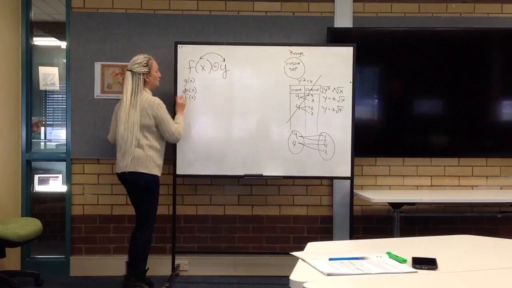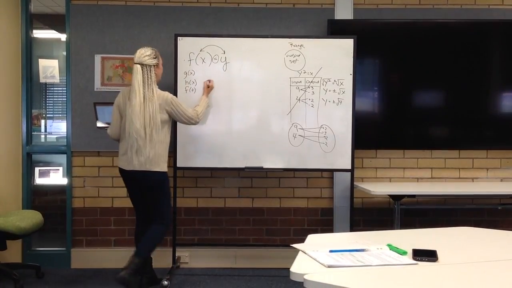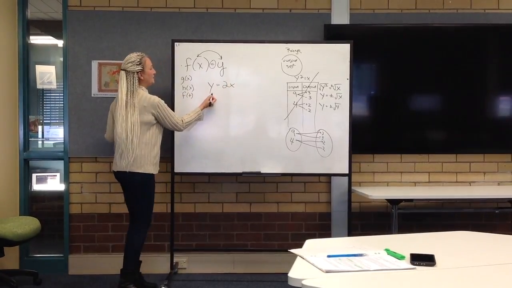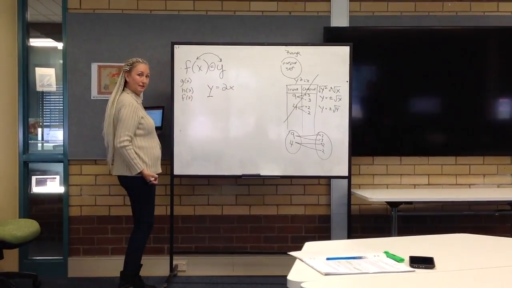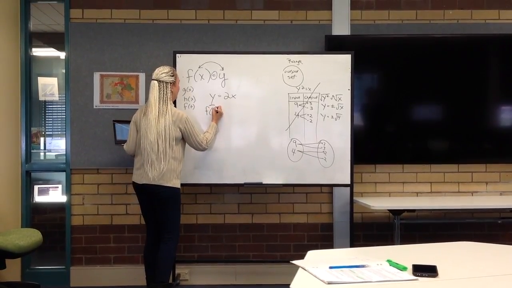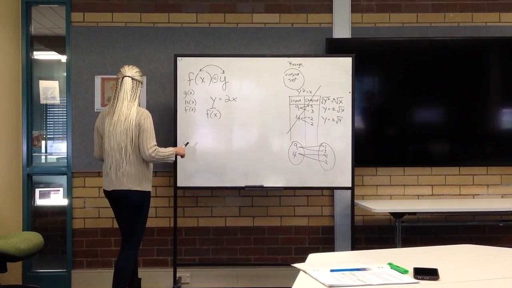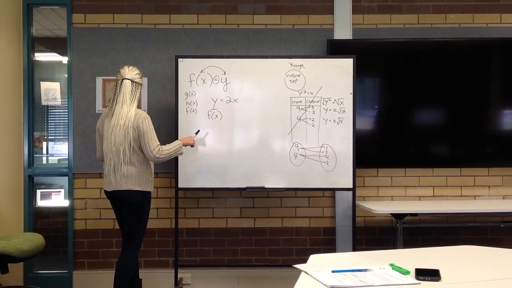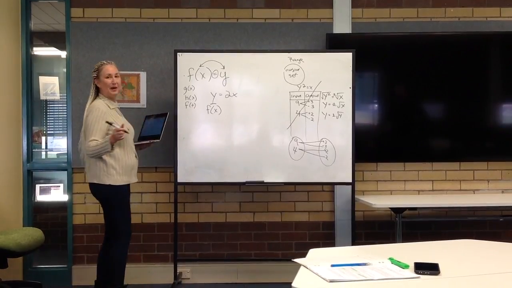So because we can do this, we can go back to y equals 2x. What can we substitute here? F of x. And that's how I say it. I say f of x equals. But some people say a function of x equals y. I think that's a big mouthful.